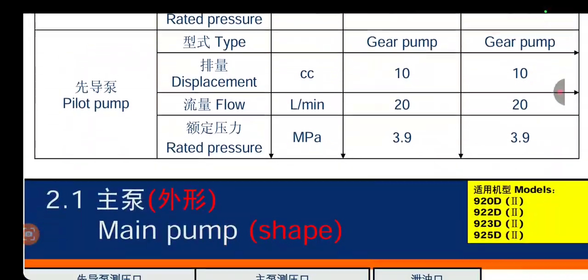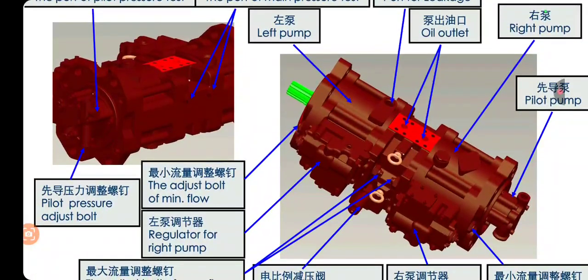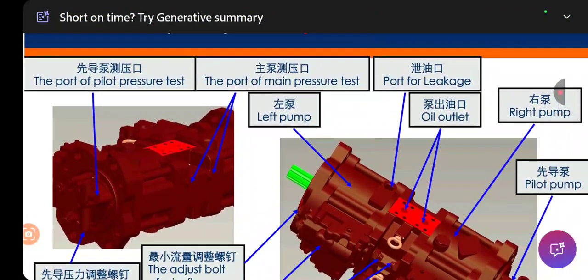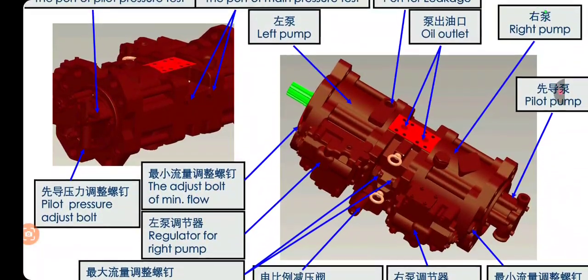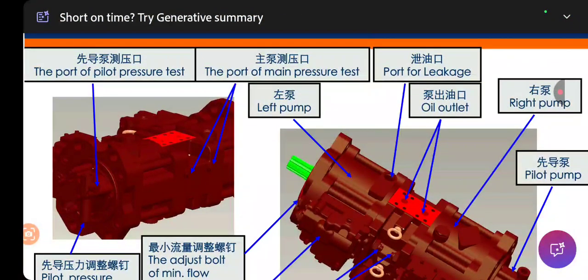Okay. So here you can see the left pump. This is the main description of the pump. At the start you can see the port of the pilot pressure test. Obviously there's a port which is normally known as a takeoff port.